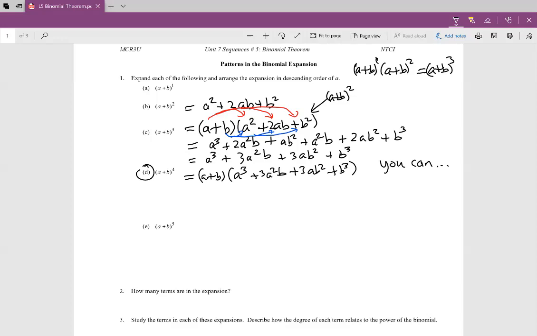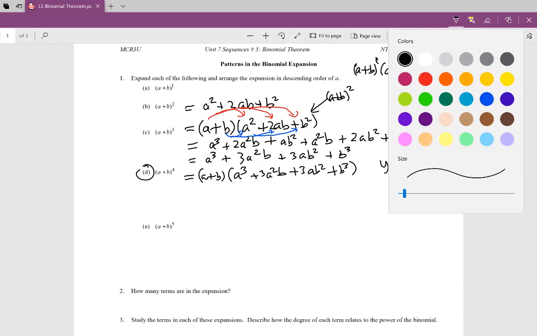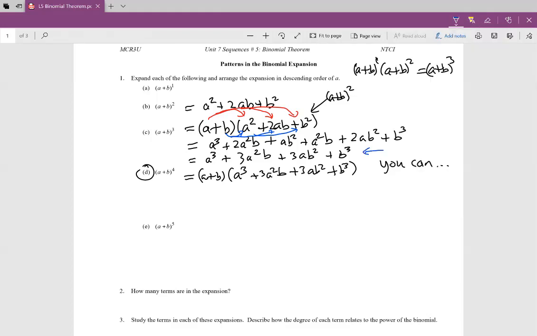We're going to come back to this in a moment. And hopefully you realize from this question here, and I'll highlight again in blue, with a plus b all cubed, there are 4 terms: a cubed plus 3a squared b plus 3ab squared plus b cubed.